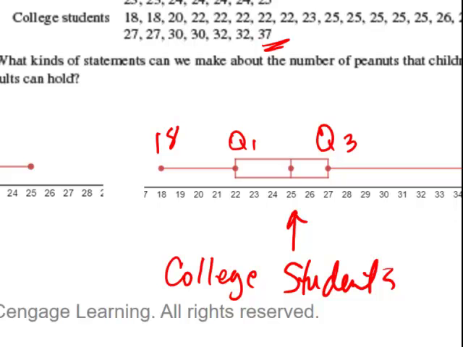That's quite a bit larger than the spread here of the children, with a spread of about 14. We could talk about the median being 25 for college students. Rather than looking at the sets of data, I can look at the graphs and know what the median is, what the spread is, and how this data is broken apart.